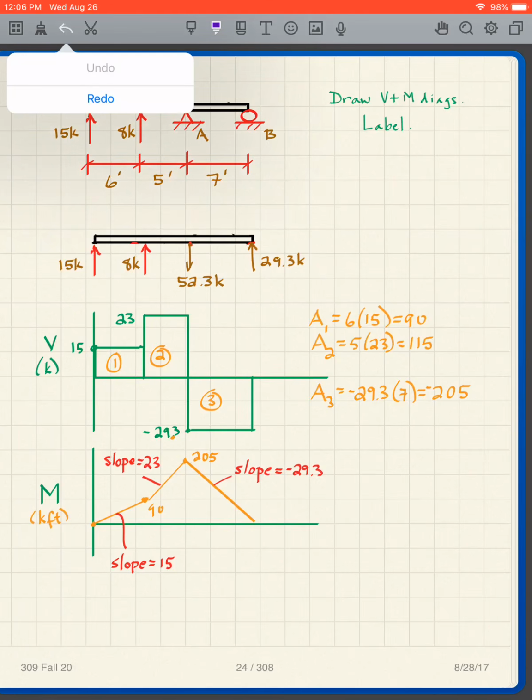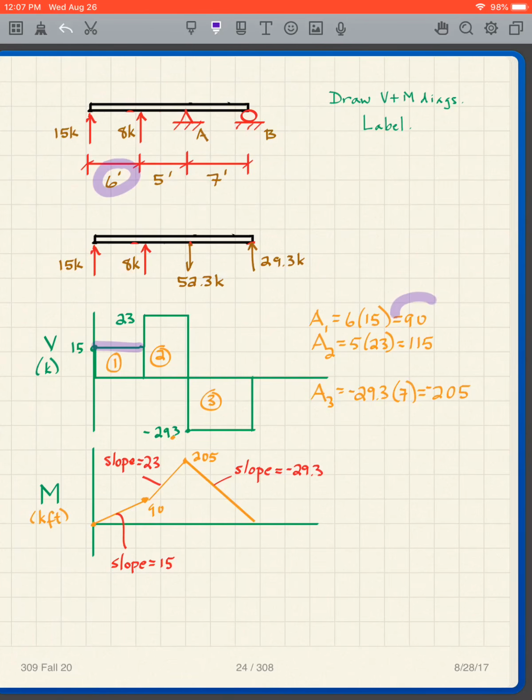So I now have area 1, area 2, area 3. And what do I have? That's 6 feet times 15, 90. That's 5 feet times 23, 115.